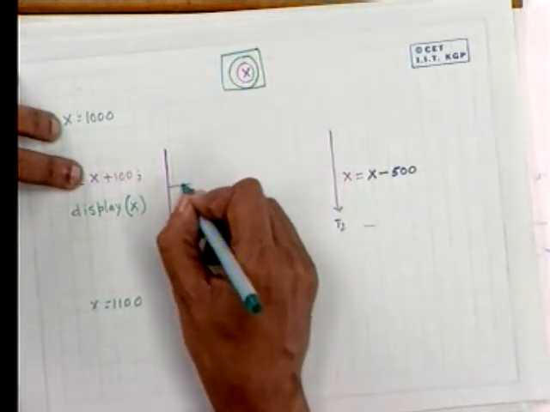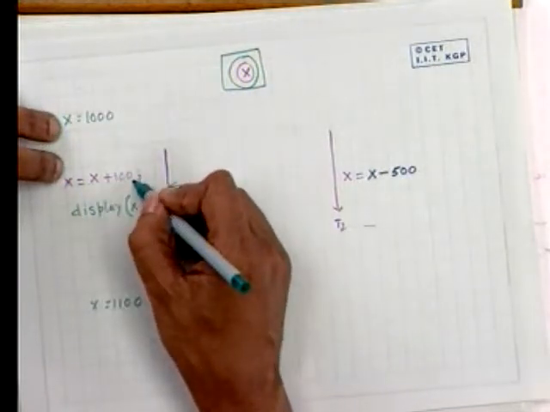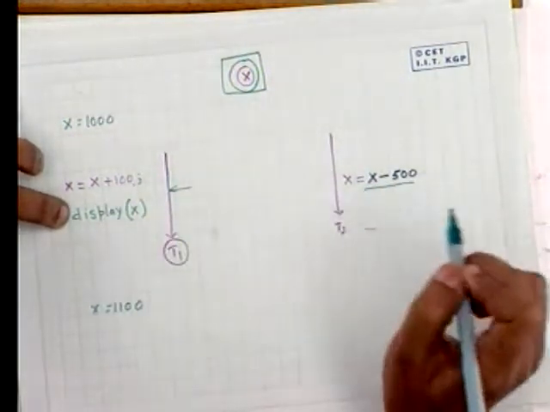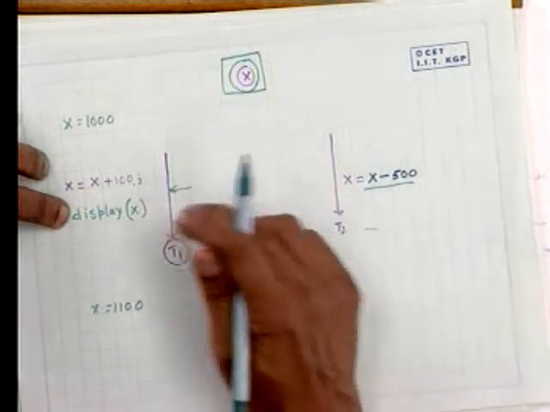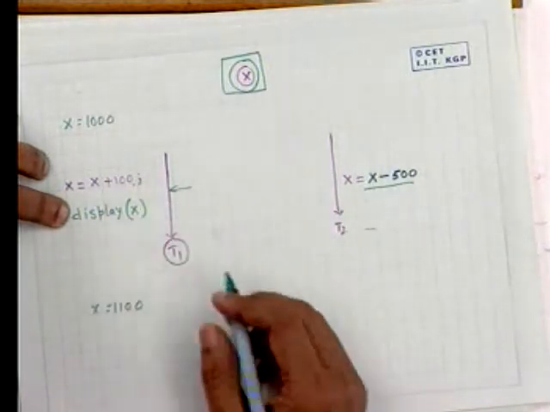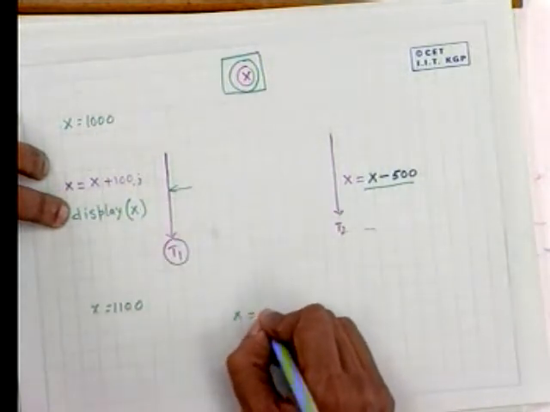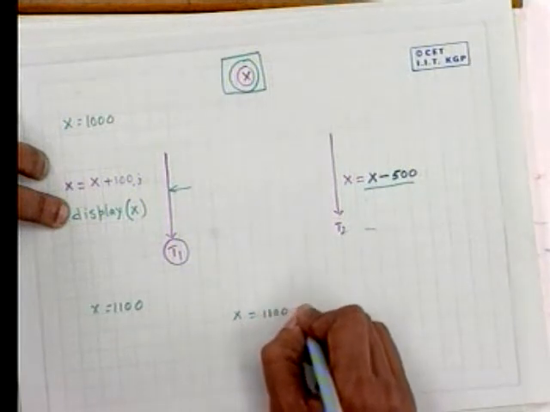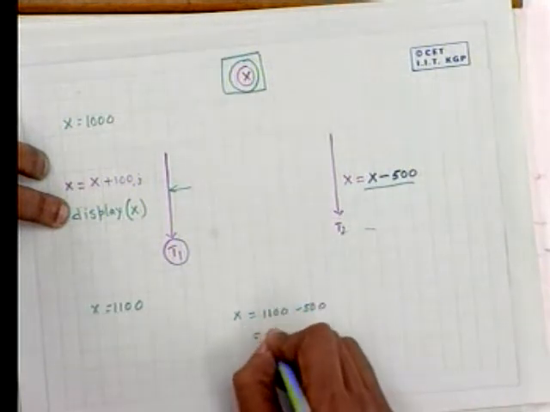So if after executing the 100 deposit, the other thread's execution is performed in between, the same value of x will now be displayed as 1100 minus 500, which will be 600.